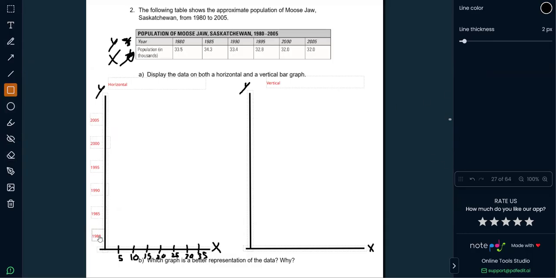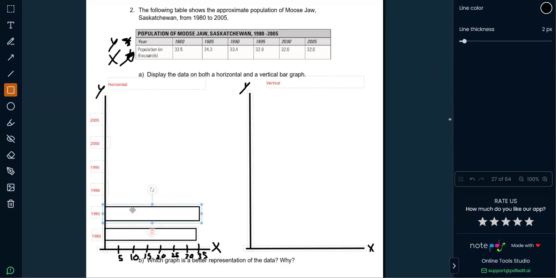So think about it. In 1980, the population of Moose Jaw was 33.5 thousand. So I'm going to go to 33.5, which is about right here. And I'm going to do that. I'm going to go to 1985, leave a space. And I know I need to go to 34.3, which is about right here.